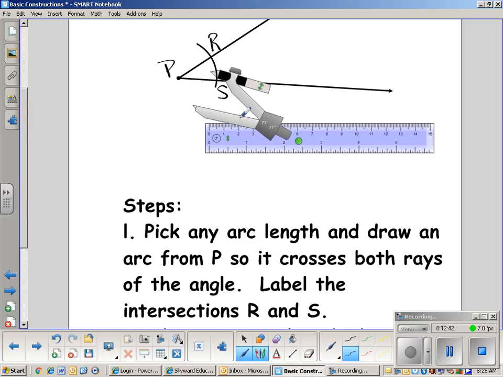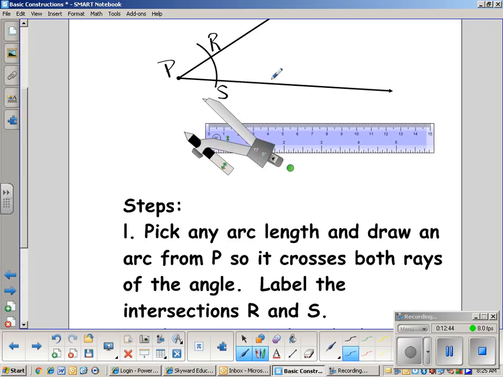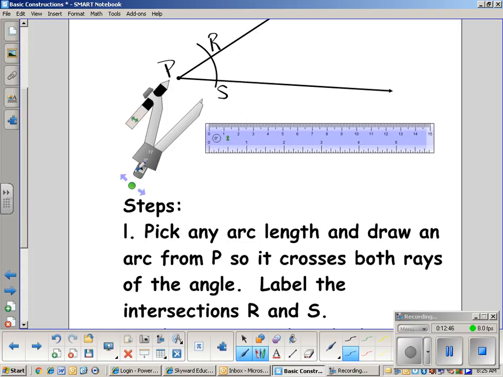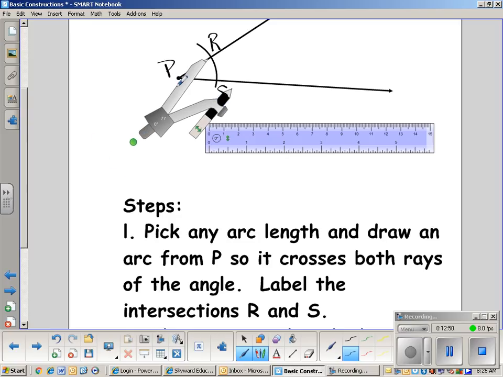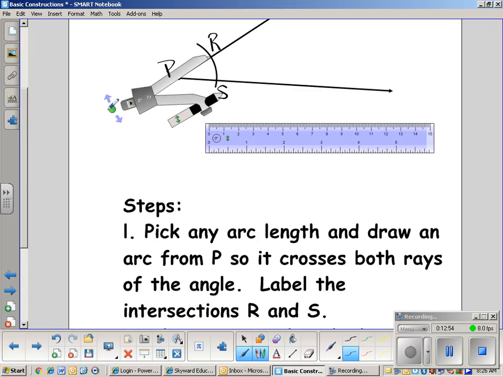And so if I put my compass, I'm going to actually do it the way I said. R to S. Is that more than halfway from R to S? Isn't it way more than the whole distance of R to S? So it's more than half the distance then, right?